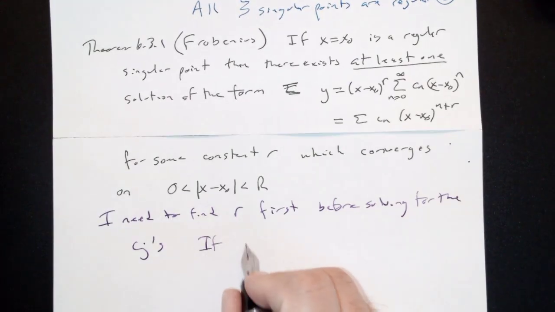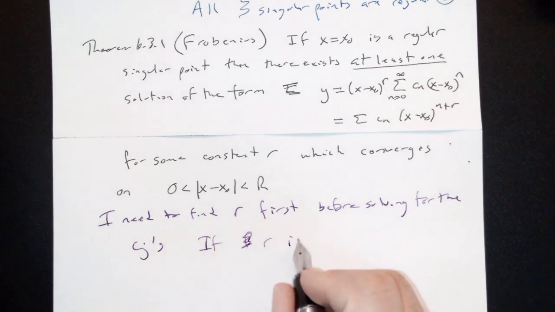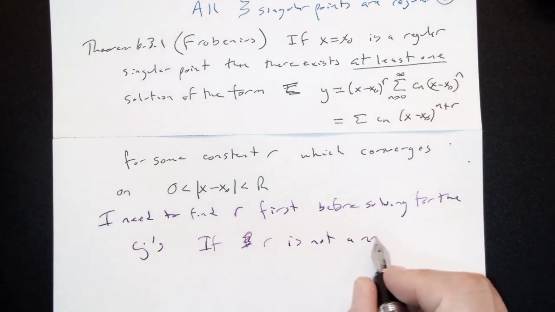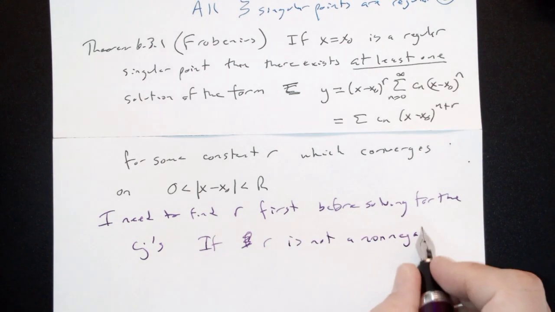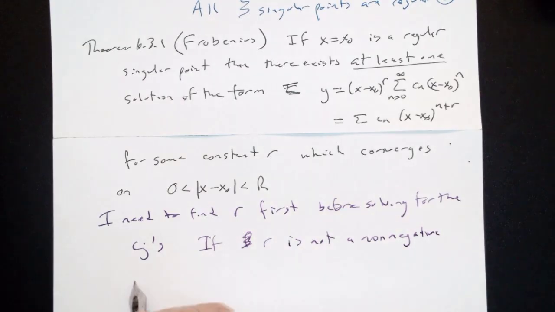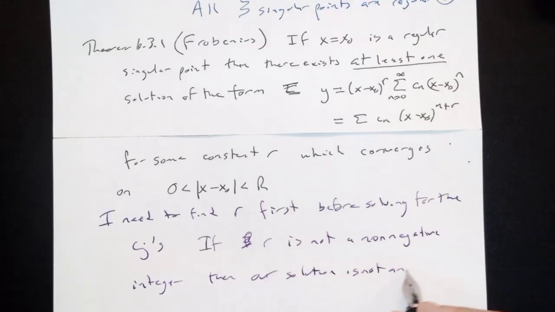If little r is not a non-negative integer, then our solution is not analytic. We don't get a power series.